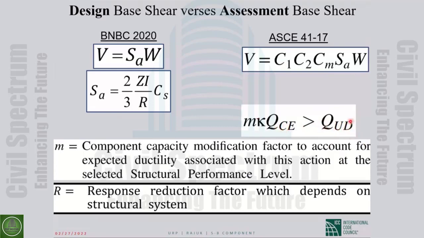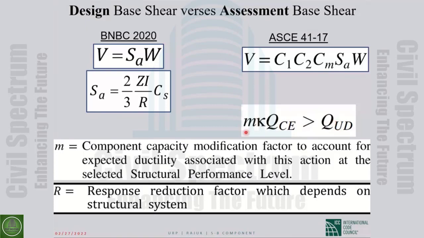So for the deformation control parameters and force control parameters: force control parameters shouldn't get damaged. For the deformation control parameters, we accept that their capacity be less than demand. Capacity less than demand, and they get damaged.